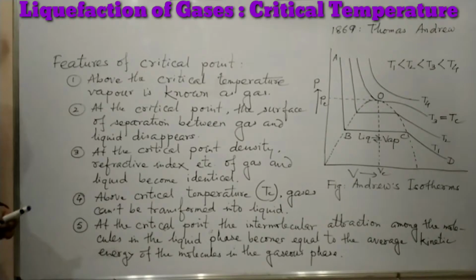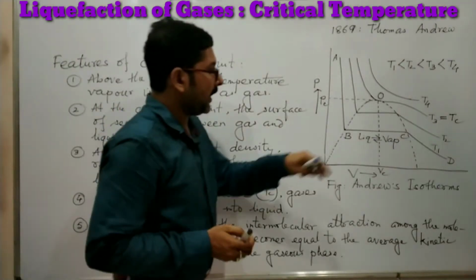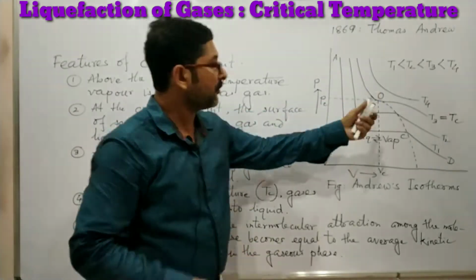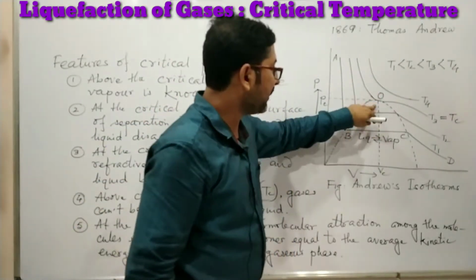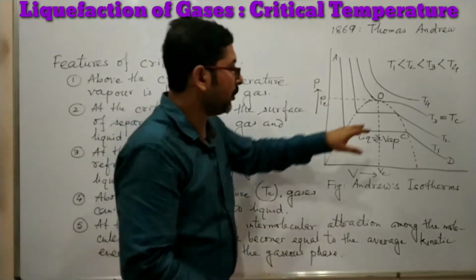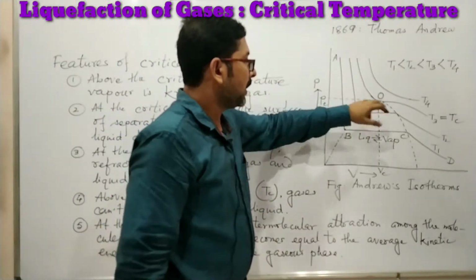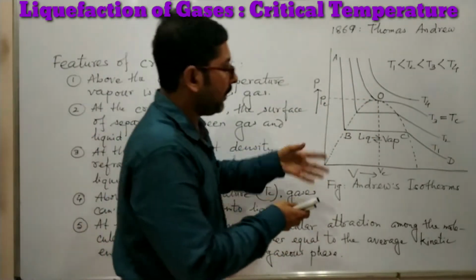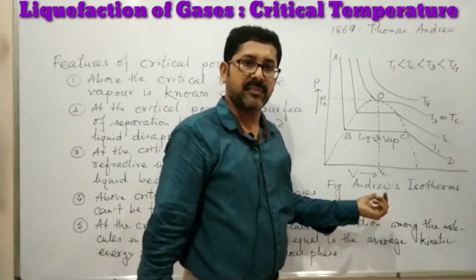So we can say at this point the gaseous molecules possess the kinetic energy which is the lowest value of the kinetic energy, because this is the kinetic energy acquiring which the molecules can exist in the gaseous phase.